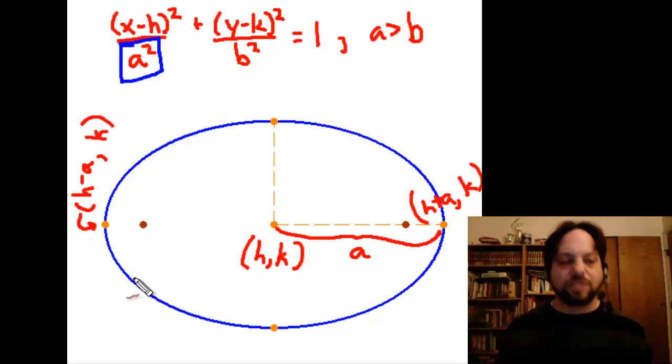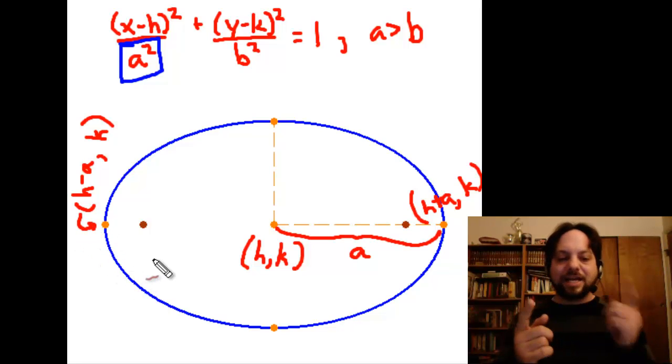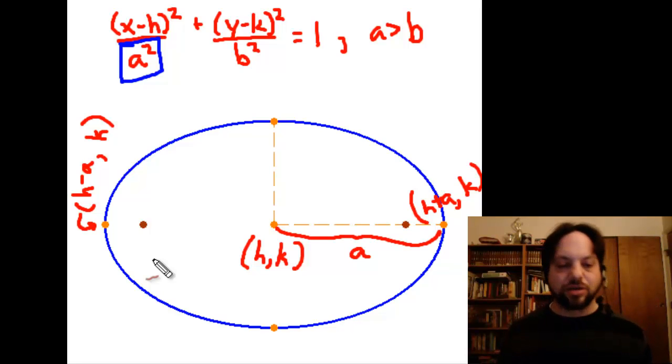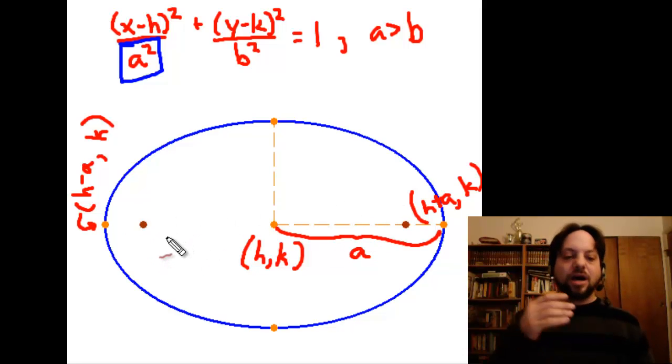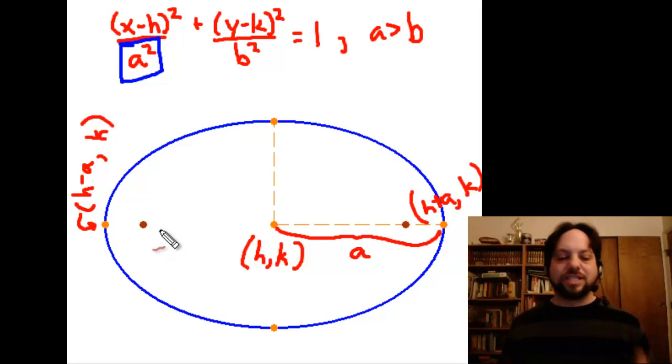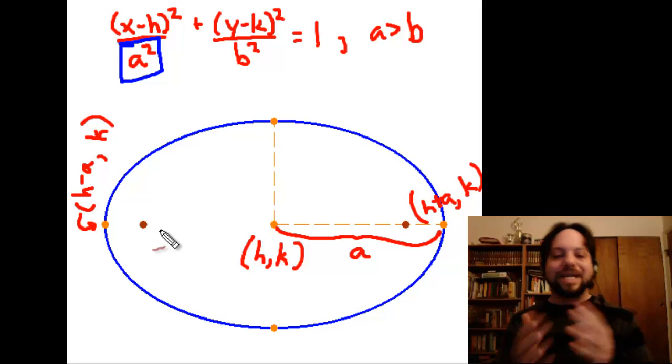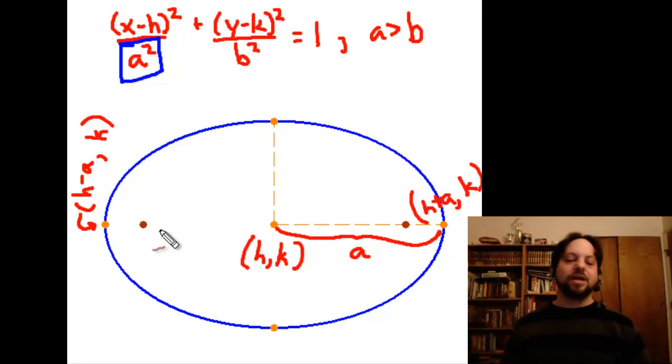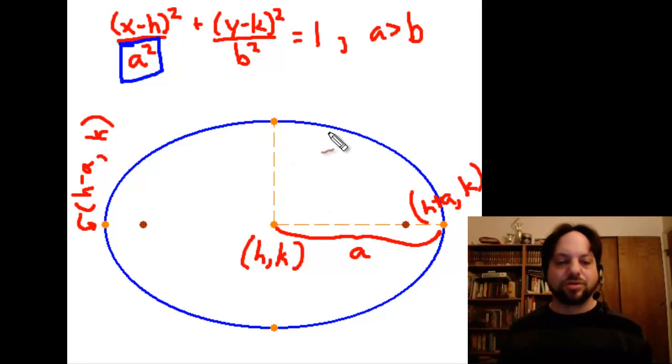So our two vertices we can find by simply adding and subtracting a from the x value of the center. Hopefully that makes some sense there. And those are the actual vertices. On my notes, which I've done earlier, I actually call the vertices h plus or minus a, comma k. And if I need to graph those, I can figure out what those are.